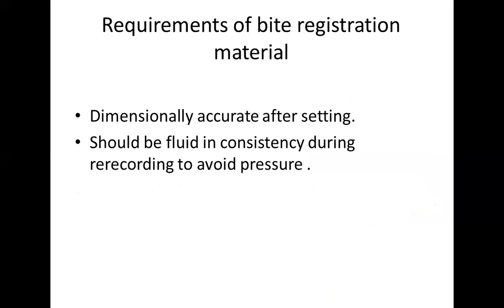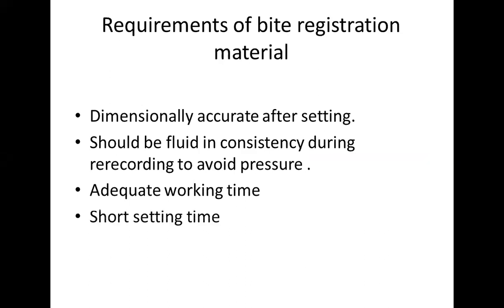What is the requirement? It should be dimensionally accurate. Bite registration means the intervening material in between your upper and lower rim should be dimensionally stable, should be fluid enough while you are recording the impression, and must have adequate working time. It should give you such a time that you are able to manipulate the mandible in centric relationship.